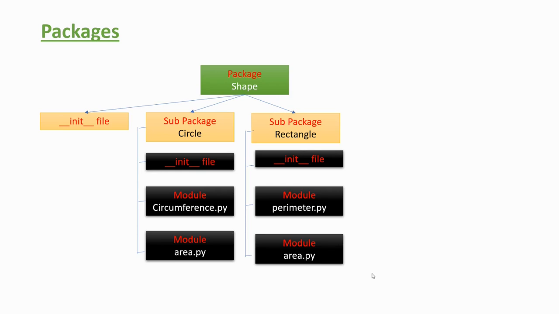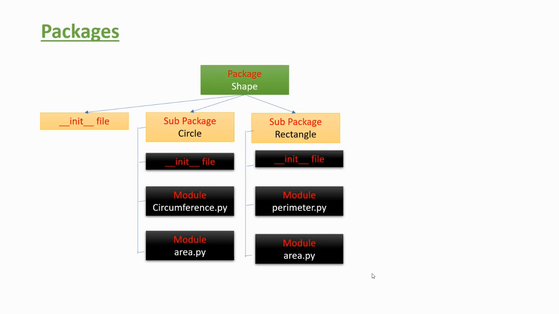Now suppose under the circle we have to implement the functionality to calculate the area and circumference, and under the rectangle we have to create the functionality to calculate the perimeter and the area. So you can see here we have a higher level architecture. Basically, we will create one package, shape.